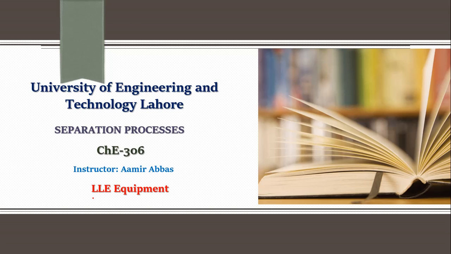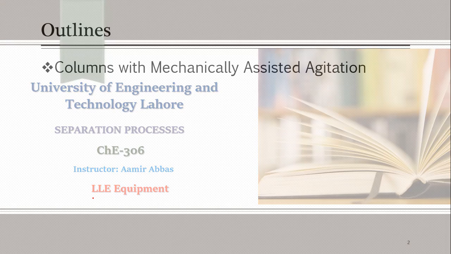So this lecture is majorly about those equipments which involve some mechanical agitation. So here we will discuss mechanically assisted agitation devices. Sometimes packed or tray towers can also be agitated, but mainly those will only involve simple columns with agitation devices.